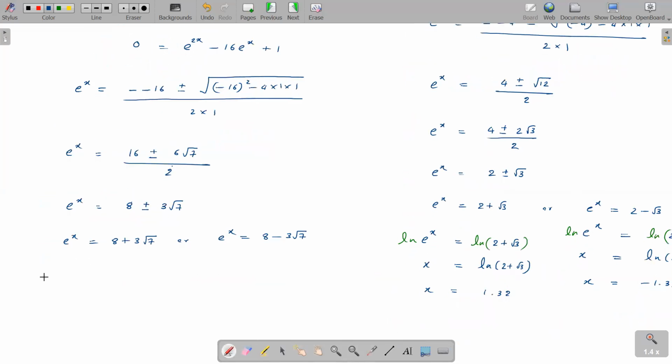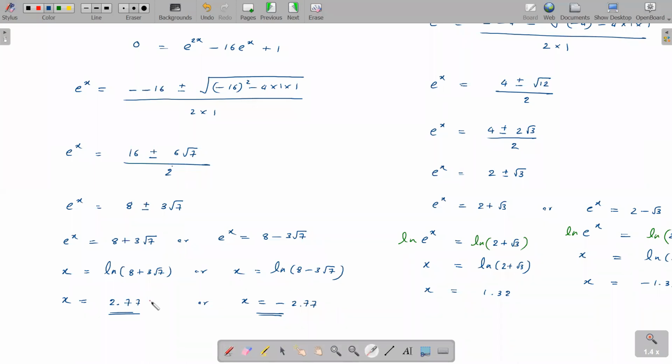And then guys, let's take the natural log. So ln e to the power x is directly x. And here you get x equals natural log of 8 plus 3 root 7, and x equals natural log of 8 minus 3 root 7. So let's get the answer to 2 dp.